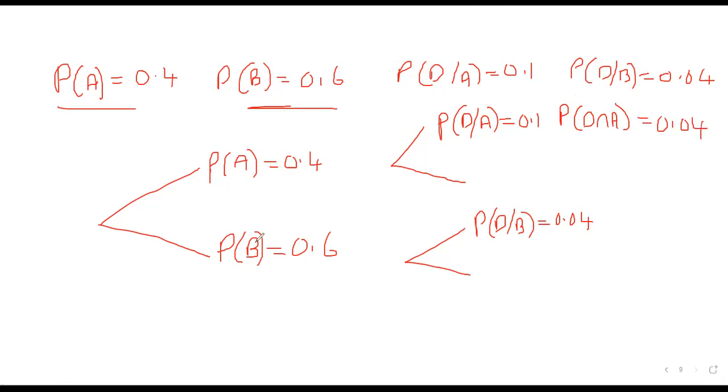So probability of B times D given B, I'm going to get probability of what? D intersection B. Because this is the denominator, the multiplicand. So if I multiply these two, I'm going to get 0.24.